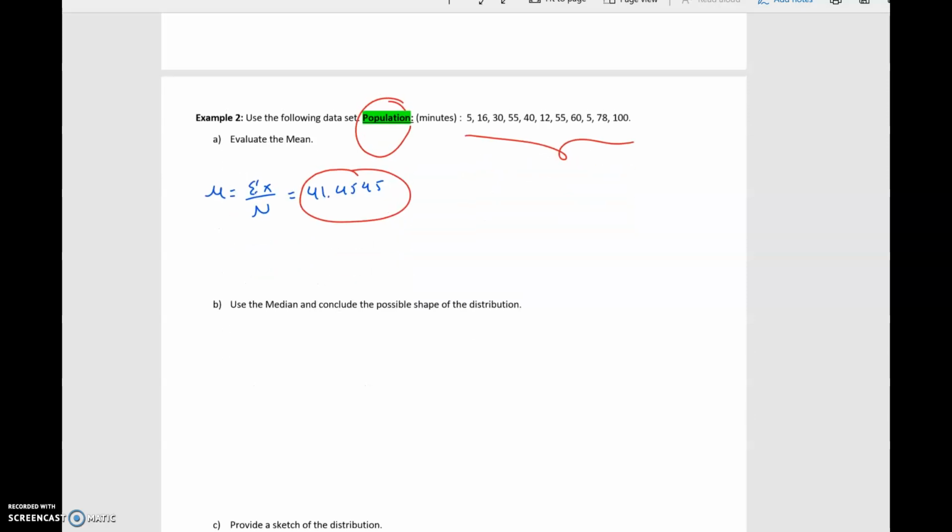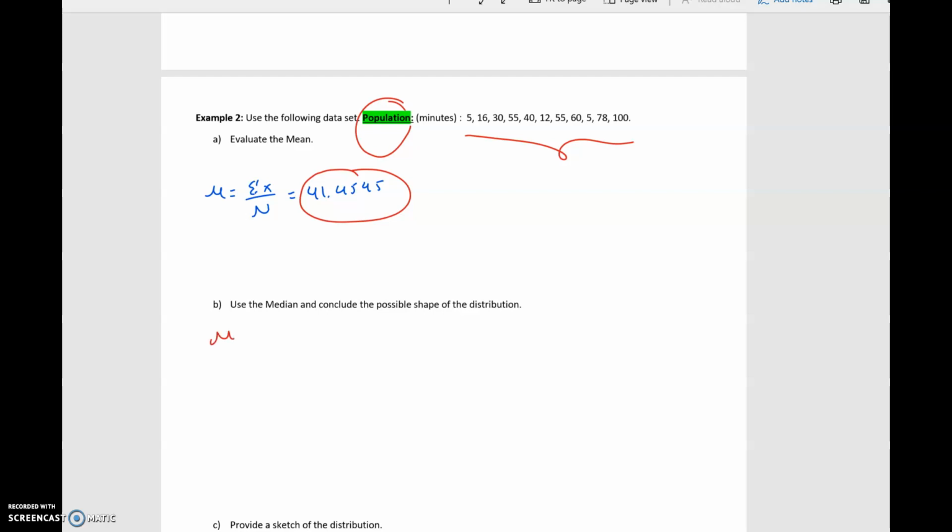Let's take a look at question B. Now, if you have the data and you happen to have a population, you can determine or estimate the actual distribution based on the mean and the median. So in this case, your median hasn't changed.